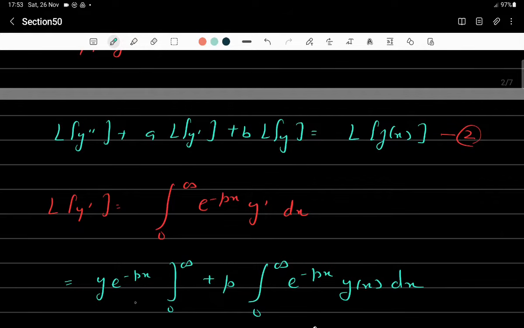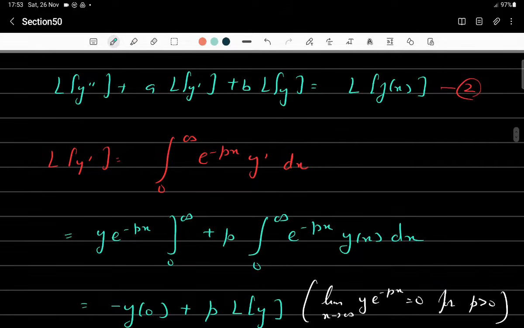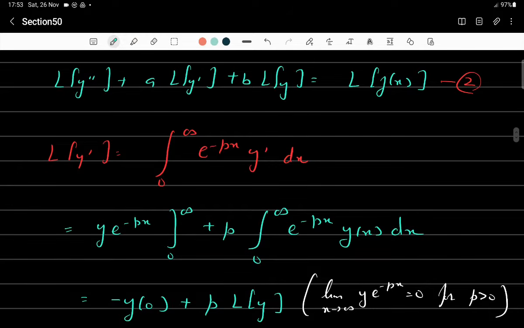In the first term, when x is 0, it becomes y of 0, which is given. And when x tends to infinity, this term becomes 0, so we have to assume that p is greater than 0. In that case, I can write that L of y dash is equal to minus y of 0 plus p L of y. So this we need to remember. We can use it directly.